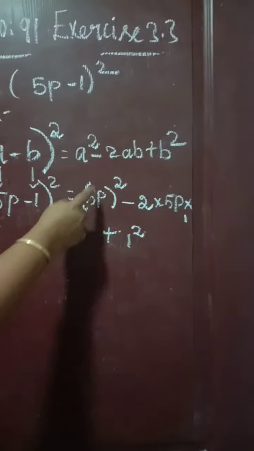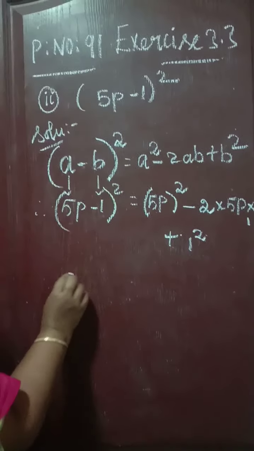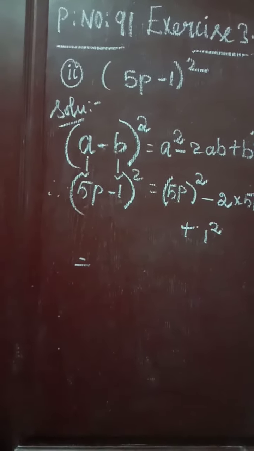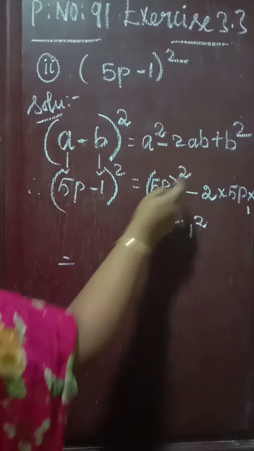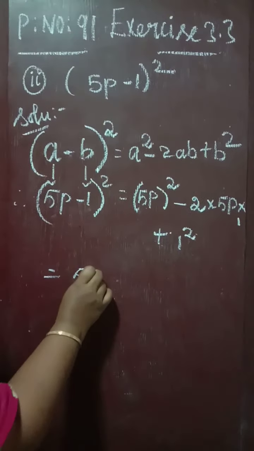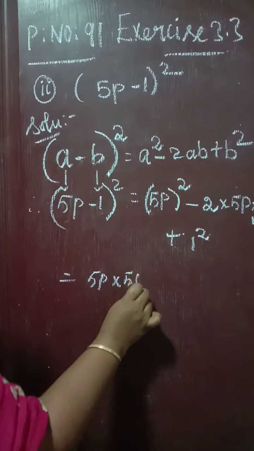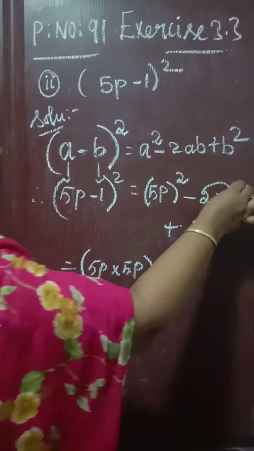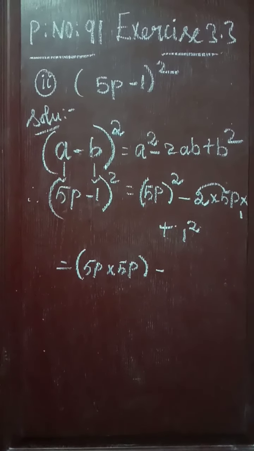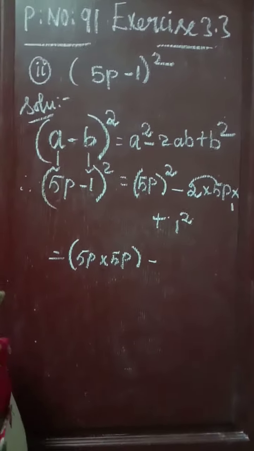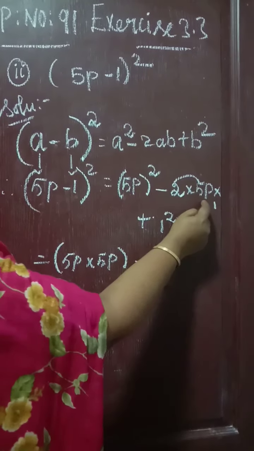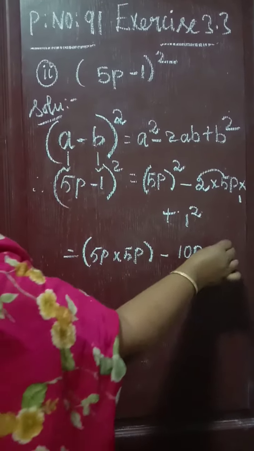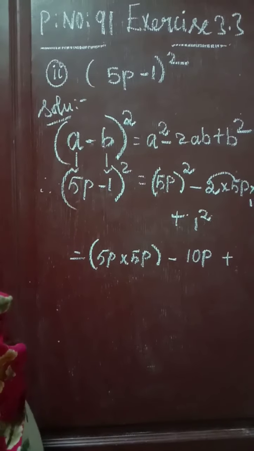What is the meaning of 5p square? What is the meaning of 2 square? 2 into 2. So 5p square means 5p multiplied 2 times. Next, minus 2 5s, how much? 2 5s are 10, into 1, 10 ones are 10. So 10p, plus 1 square: 1 into 1, 1.